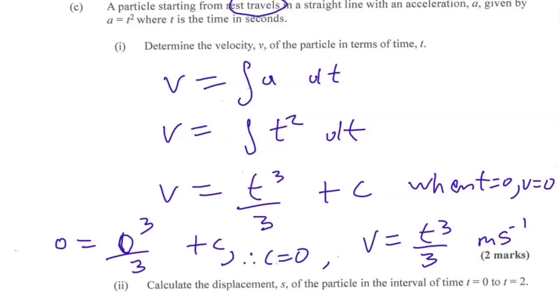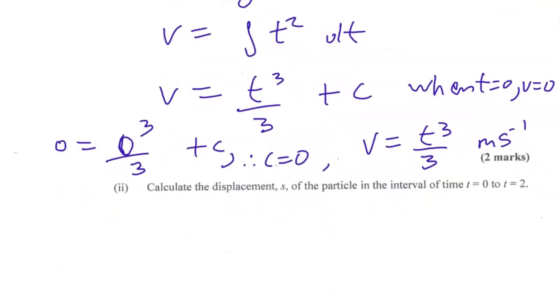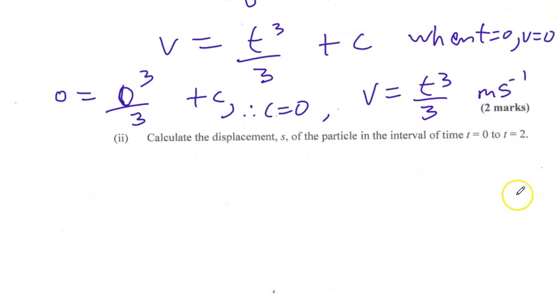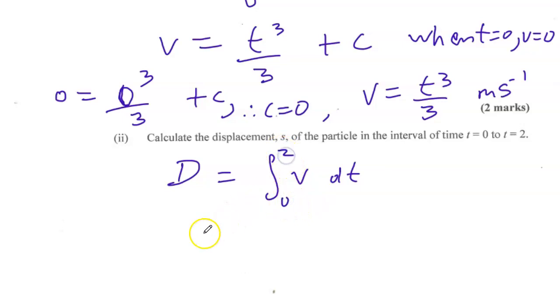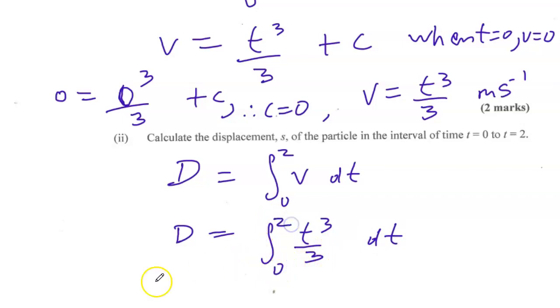Next, calculate the displacement of the particle for the interval t equals 0 to t equals 2. So displacement is the integral of velocity with respect to t, and of course we're using the interval 0 to 2. So displacement is the integral of t cubed over 3 dt between 0 and 2.